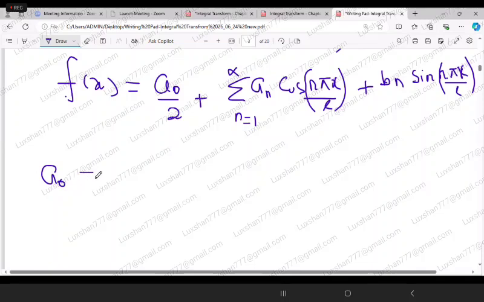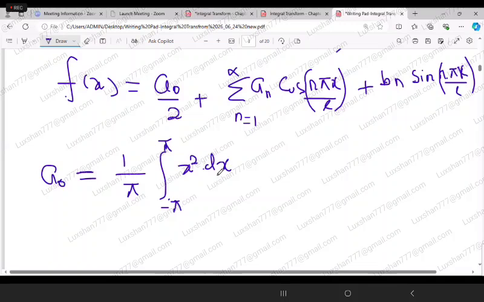According to the definition, a naught is equal to 1 over L, and our L is equal to pi, so 1 over pi times the integration from minus pi to plus pi of f(x) dx. f(x) is x squared.